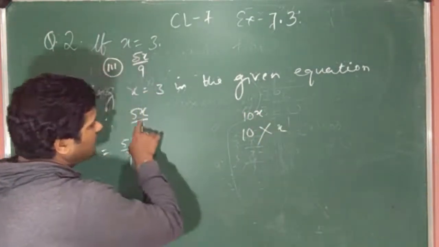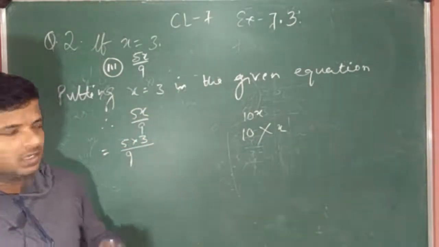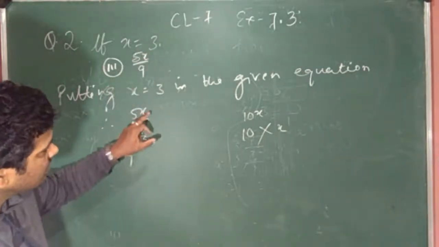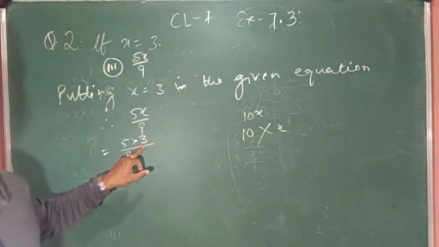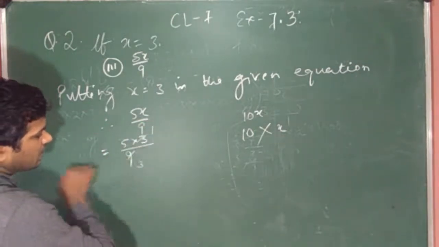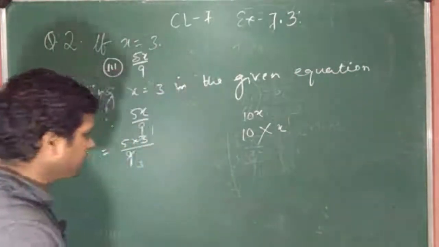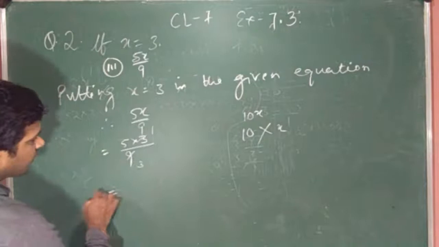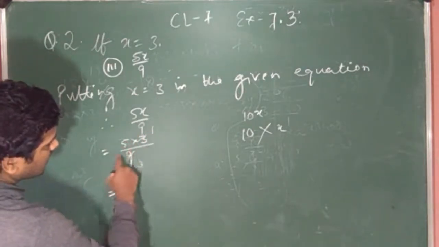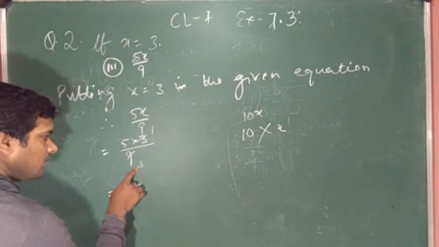Here 5x means 5 into x, but x is 3, so in place of x we write 3. We cut it: 3 ones are 3 and 3 threes are 9. So finally we have 5 on top and 1 below, so 5 into 1 is 5, and at the base we have only 3. So 5 by 3.